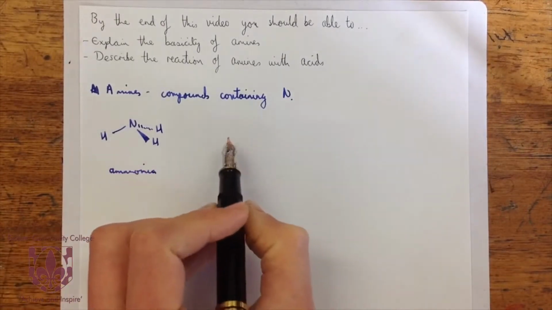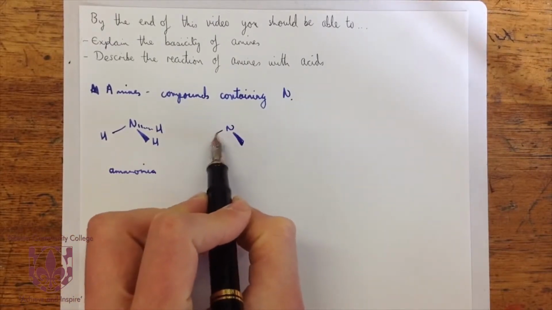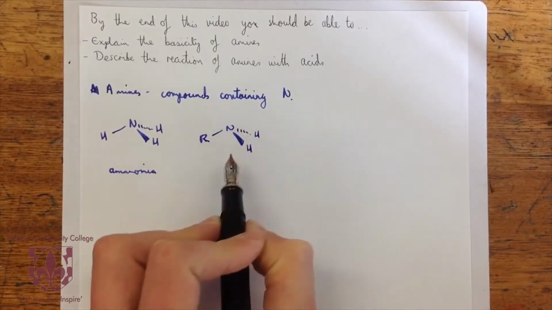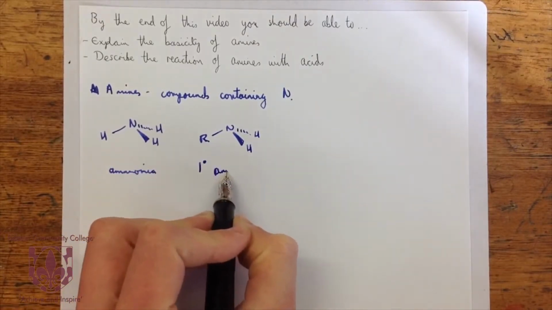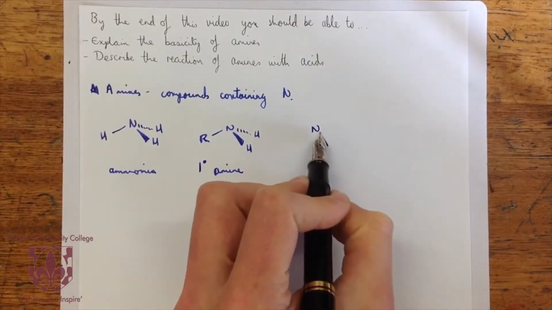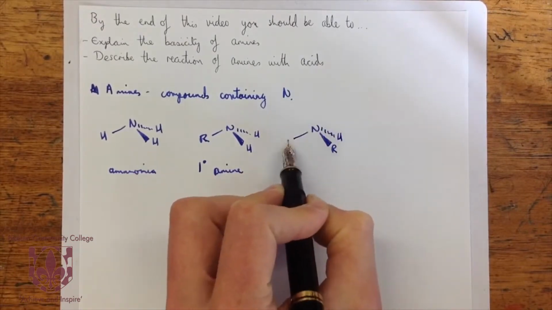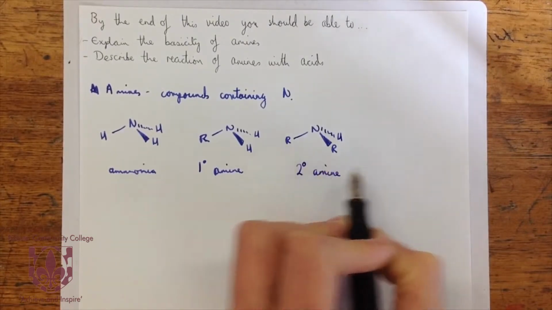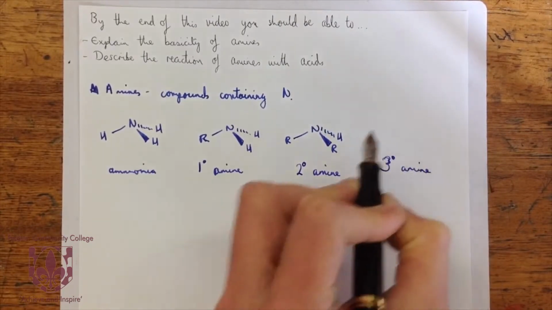An amine is if we have an R group attached to the nitrogen. So we've got two hydrogens, one nitrogen, and that is a primary amine. And you can have a secondary amine, which looks a bit like this. So we have two R groups attached, that's a secondary amine, and then we can do a tertiary amine, and you can probably guess what this will look like.